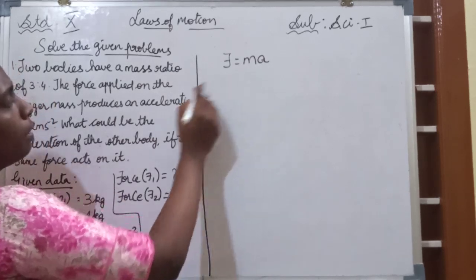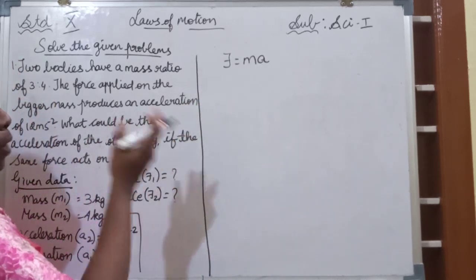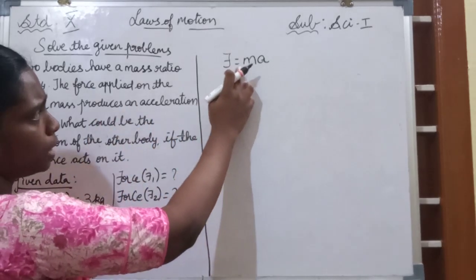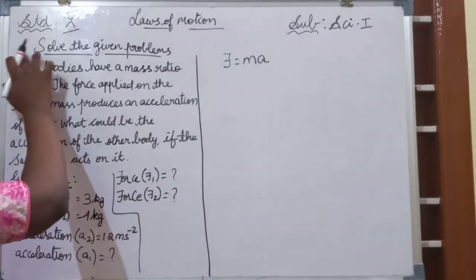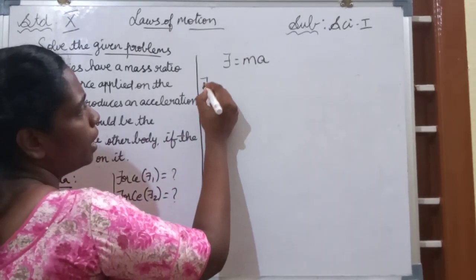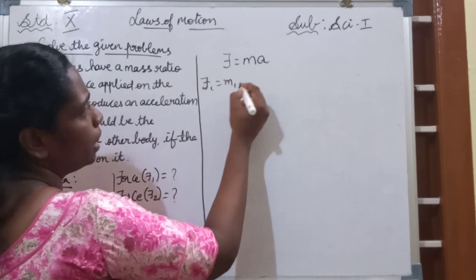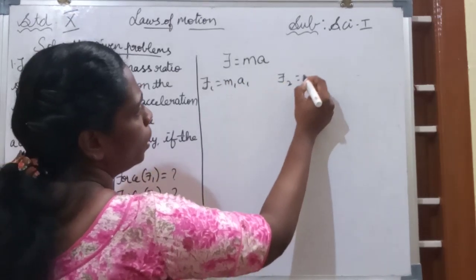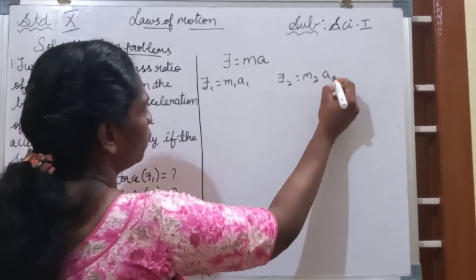If we are talking about one body, we can have F is equal to ma. But here we are talking about two bodies. So F1 is equal to M1 A1. F2 is equal to M2 A2.